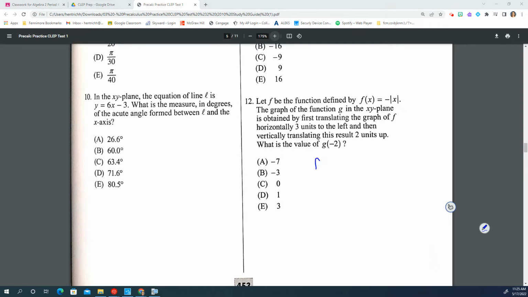So here's my starting function. How could I translate this 3 units to the left? Add 3 inside, right? That's a horizontal transformation. I'm just going to call it G for now.